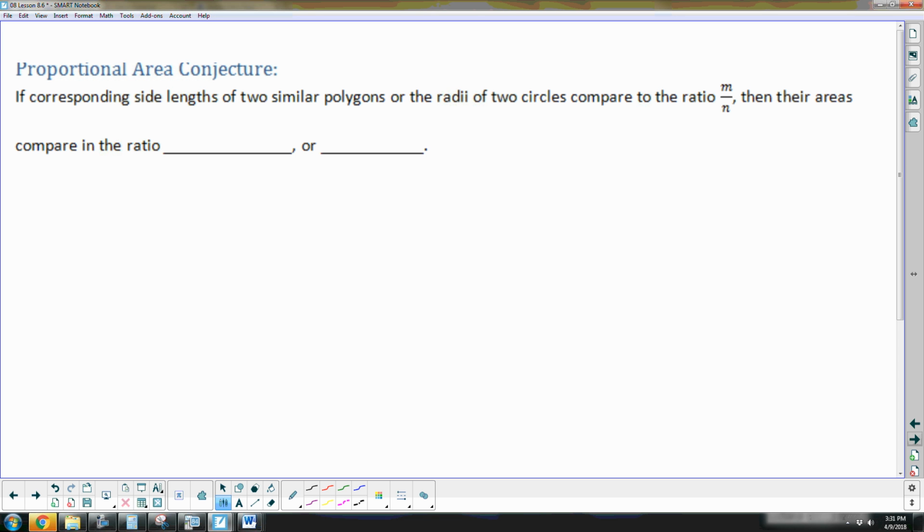If corresponding side lengths of two similar polygons, they have to be similar, or the radii of two circles, compare to the ratio m to n, then the areas compare to the ratio m squared to n squared, or m to n, squared, which, if you remember properties of exponents from algebra, is the same thing.